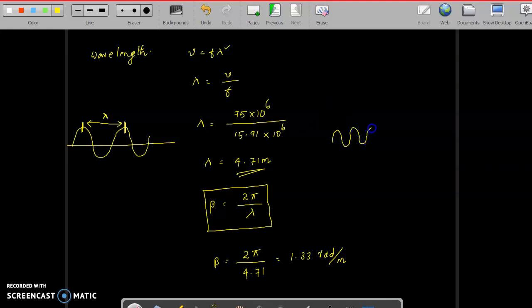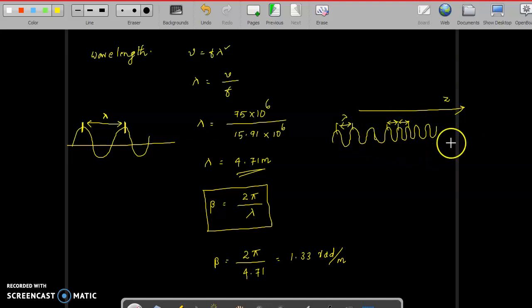See this one, this is the electromagnetic wave. As it propagates in the Z direction, what will happen? The phase decreases. So here we can see this is the lambda, but lambda is slowly changing.